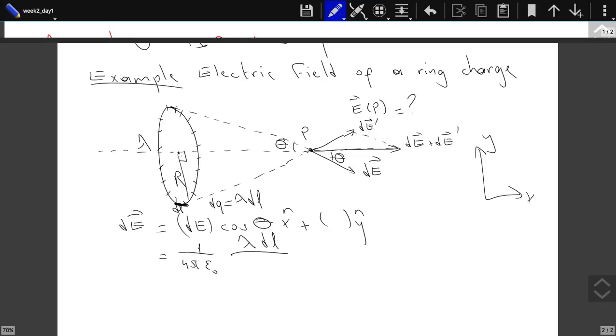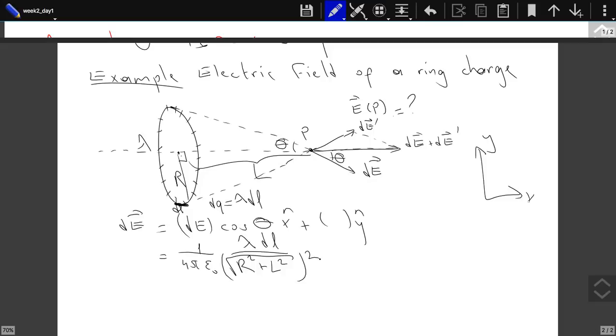Now cosine theta, this angle over here, but we said that this angle is also this angle over here. The cosine of this angle is nothing but L divided by this length, so L over the square root of r squared plus L squared.